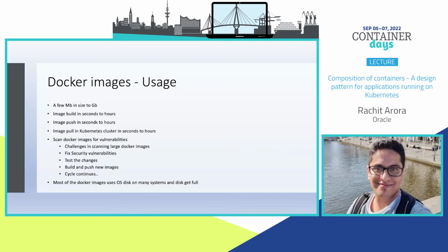And one more challenge I see many people face when it comes to the usage of large Docker images, or a larger number of Docker images, is that most of the time when you run containers, the image for that container will be sitting on your primary OS disk, unless you have configured the system to use something like a block.